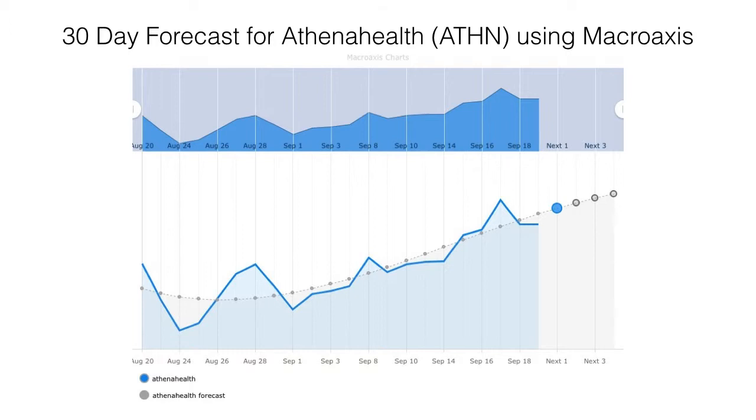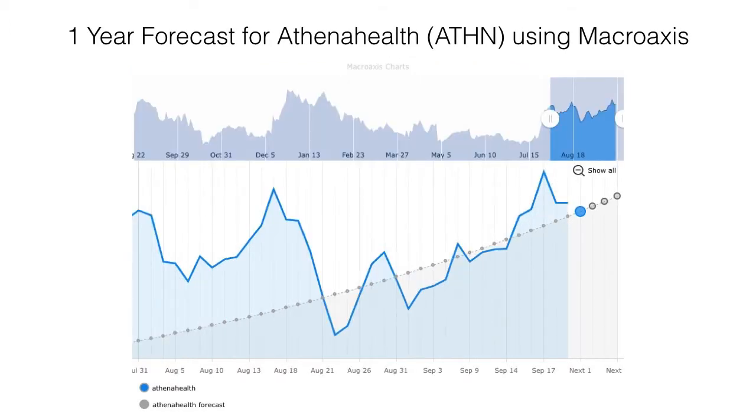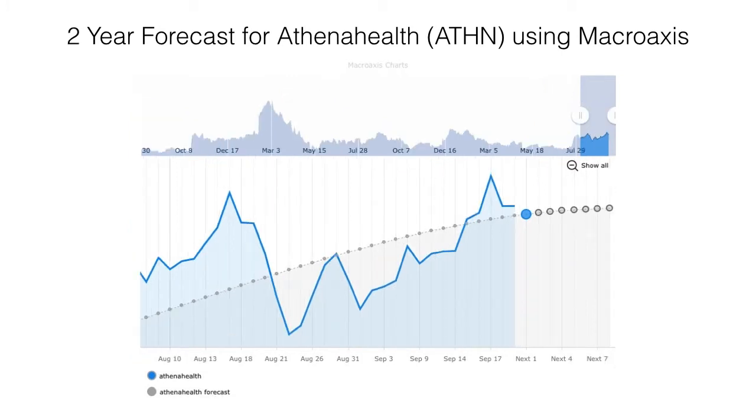So the 30-day forecast for Athena within Macro Axis is, as you can see, the line is trending upwards. And at the 1-year forecast, it's still trending upwards. Now at 2 years, you can see here that the trend is starting to level off.